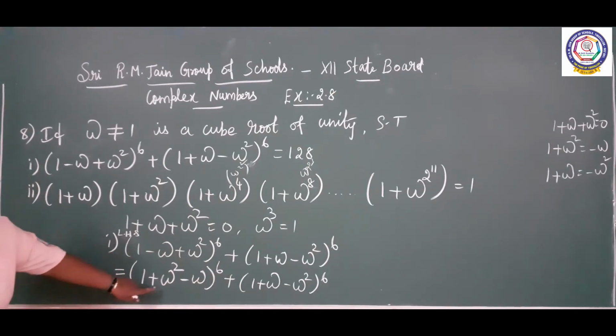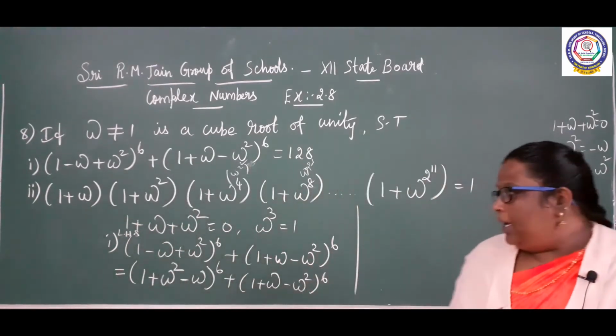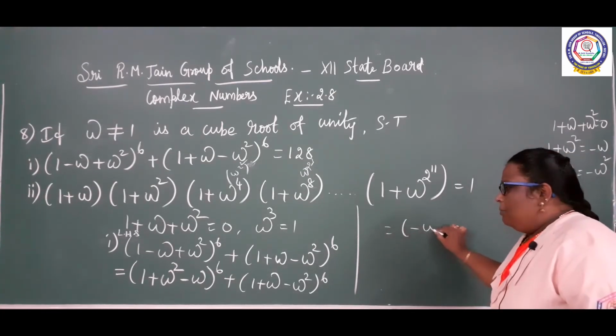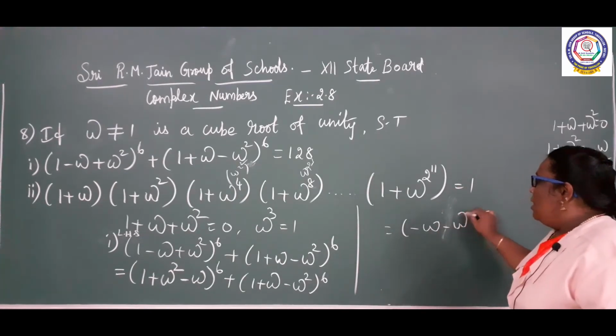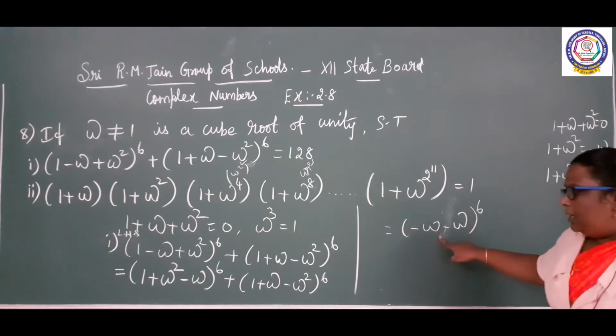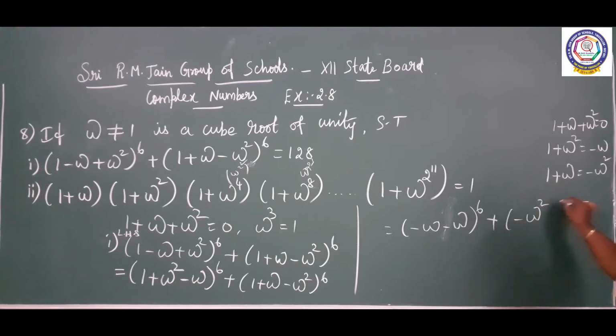You can substitute 1 plus omega square equal to minus omega: (minus omega minus omega) whole power 6, because the 1 plus omega square value is minus omega, plus (minus omega square minus omega square) whole power 6. So what is the result here?